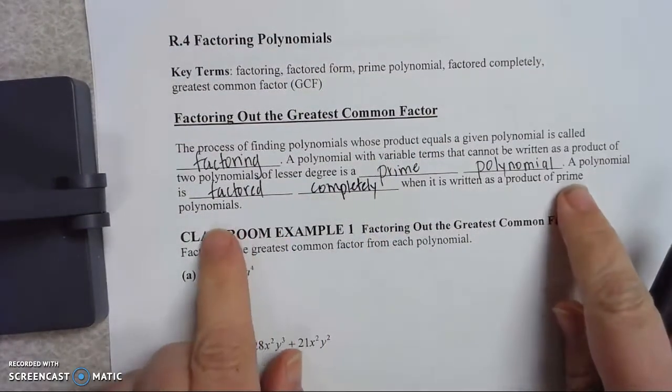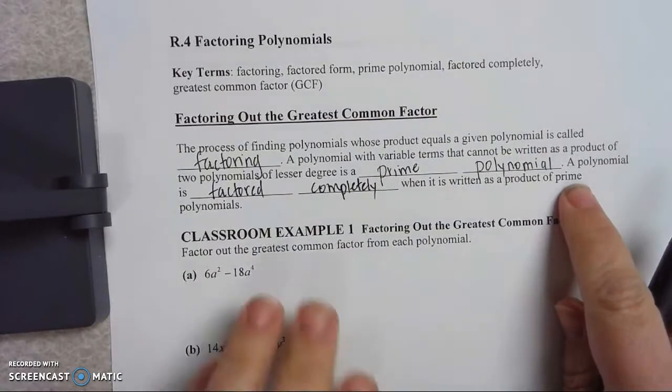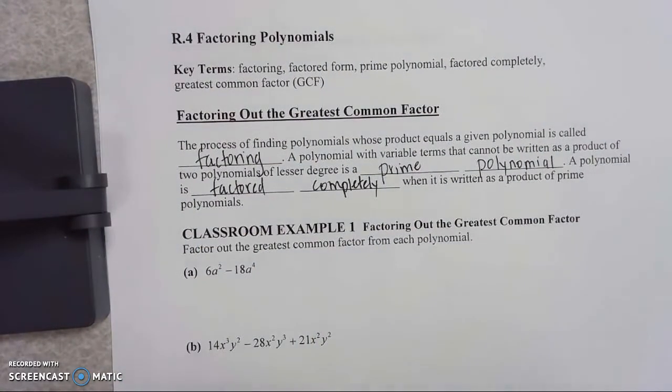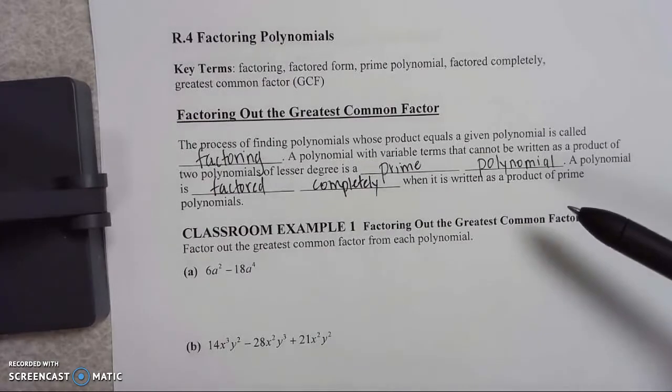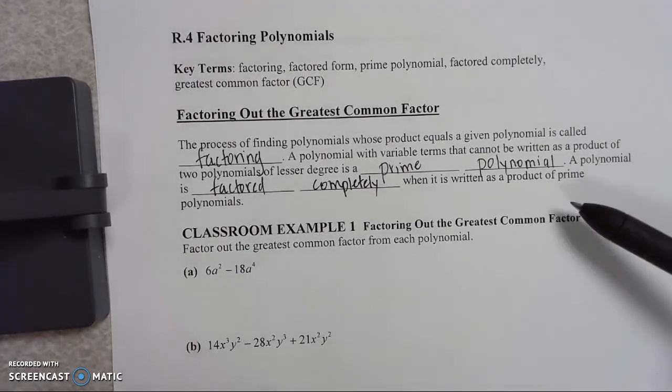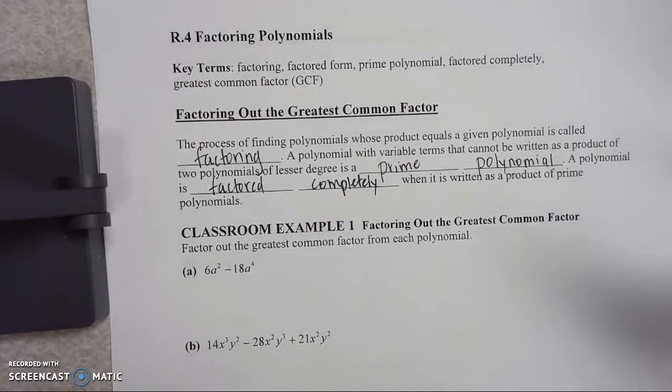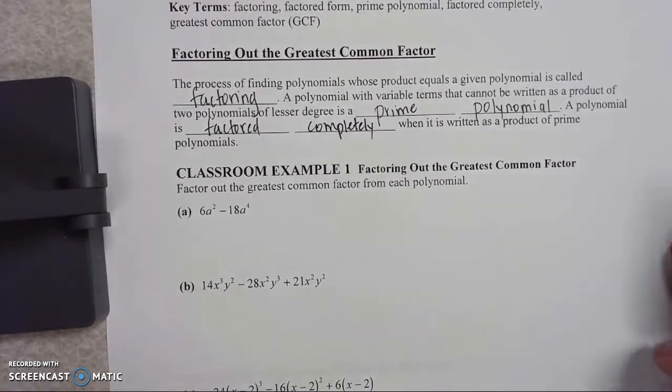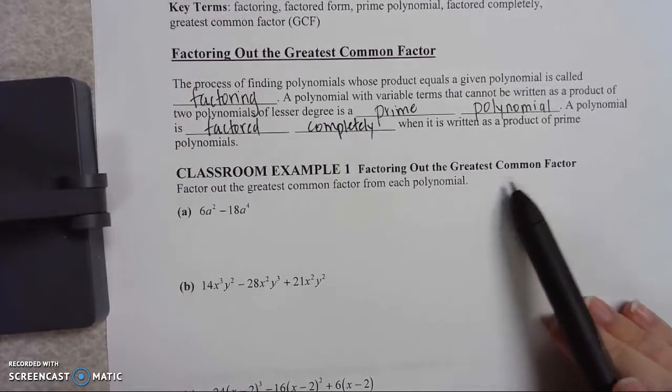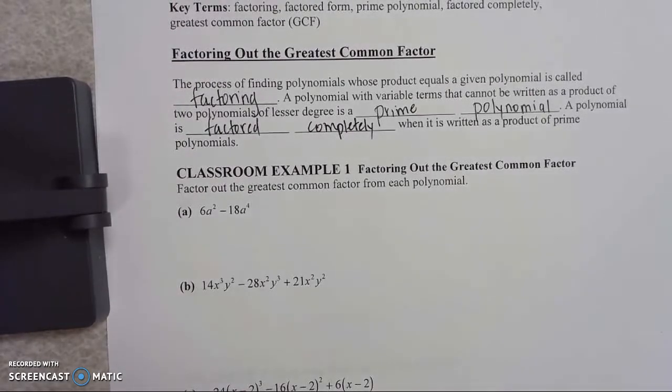That just means, if you think back to section R.3 when we were multiplying polynomials, remember, binomial times binomial. A polynomial is factored completely when all of the factors cannot be factored any further. Now, as I mentioned earlier, one of the first things you want to do when factoring is to look for the greatest common factor and go ahead and pull it out.